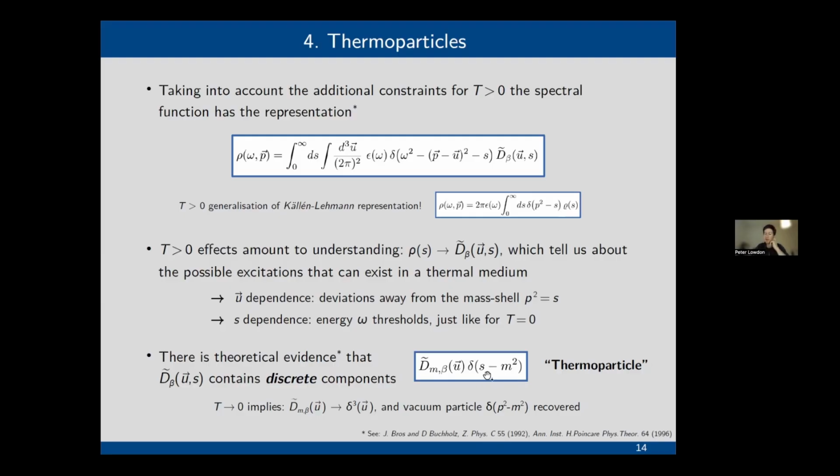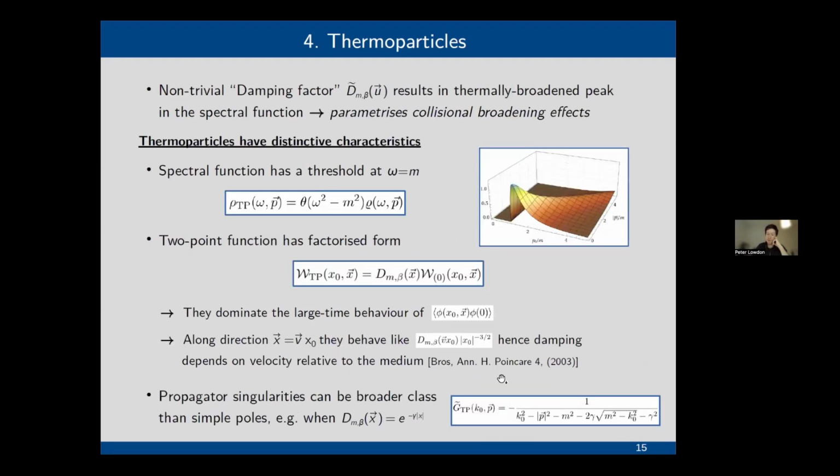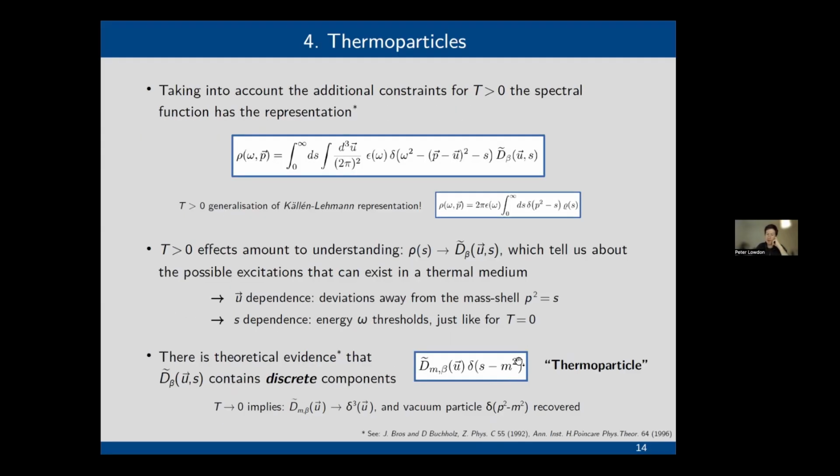The delta in s is the same, so this is still a temperature independent mass, the mass of your particle in vacuum, and all of the temperature effects are contained in this so-called damping factor. Now if you throw this into this equation, you get a broadened spectral peak, and I'll show this on the next slide, when this has a non-trivial structure in u.